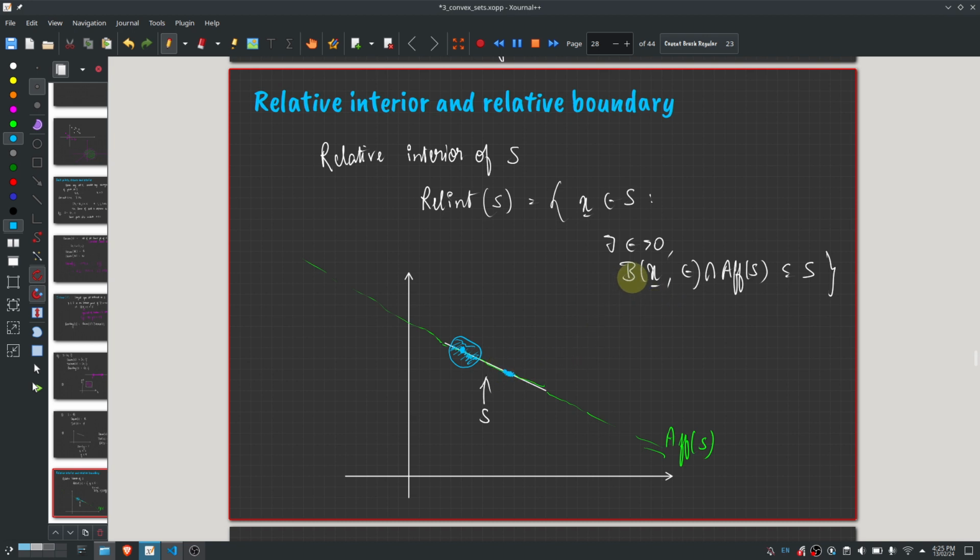So now what would be the relative interior of this particular set S if S is a line segment? Okay, it's already a convex set. The line segment is already convex, right? Again, geometrically. Would it be S itself or something else?